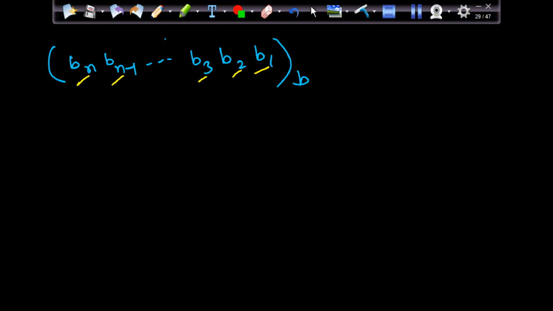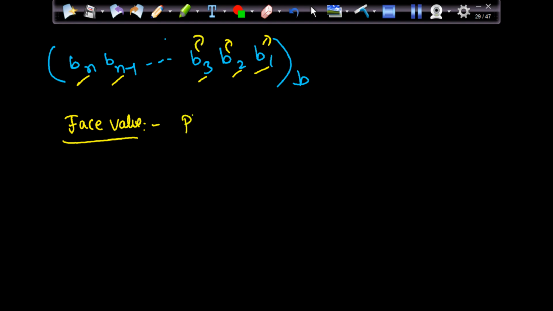So b_n or b_n-1 or b_3 or b_2 or b_1, these are the digits in that base. That is what we call the face value. Face value at first place is b_1. Face value of second place is b_2. Face value of third place is b_3.